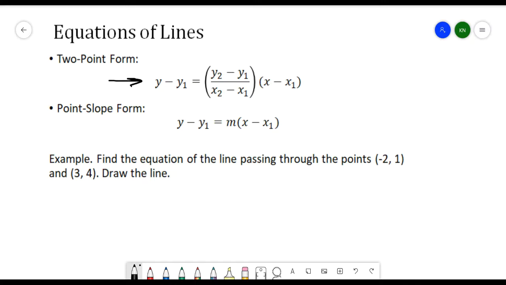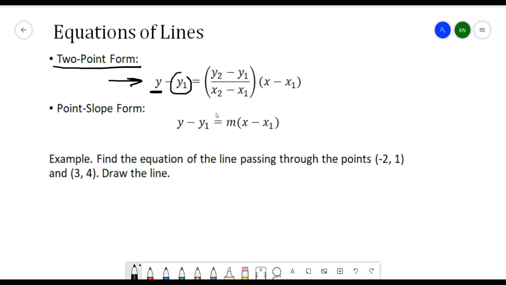So given this, we can have our example. Find the equation of the line passing through the points negative 2, 1 and 3, 4, and draw the line. Let's try to solve first using the two-point form. y here is just as is.